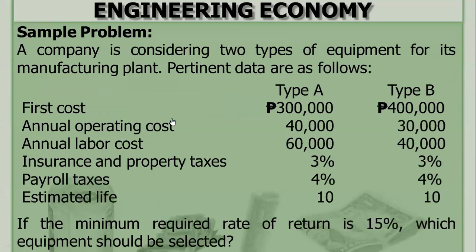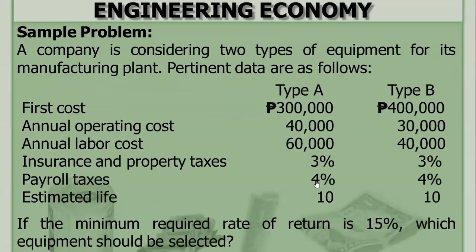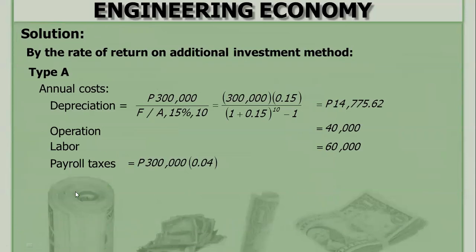Next, operation. Operating cost 40,000. Labor 60,000. Payroll taxes. Payroll tax is 4%. And insurance and property taxes 3%.